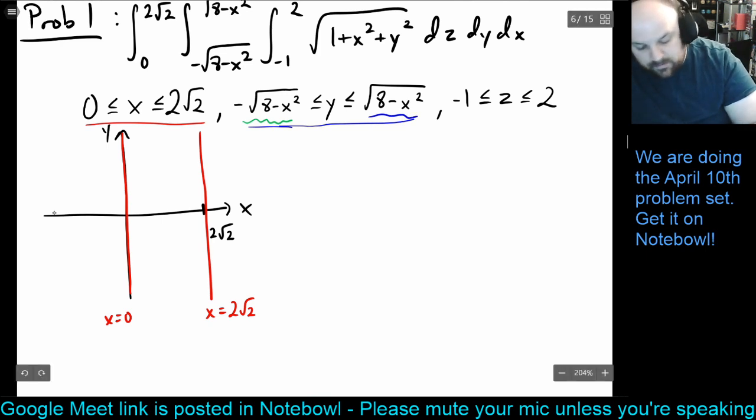Say this is 2 root 2 up here, and these are the negative versions. Then we're looking at this shape.